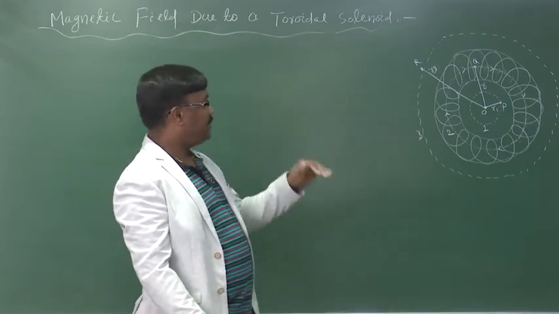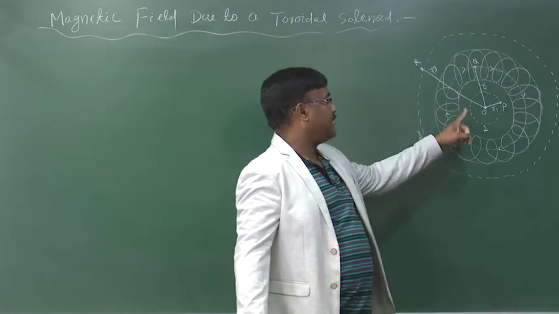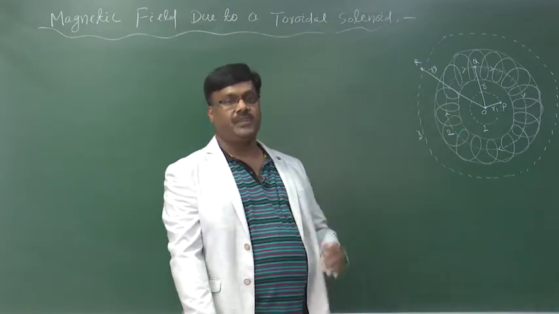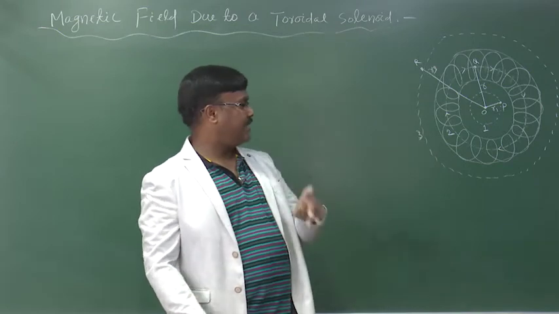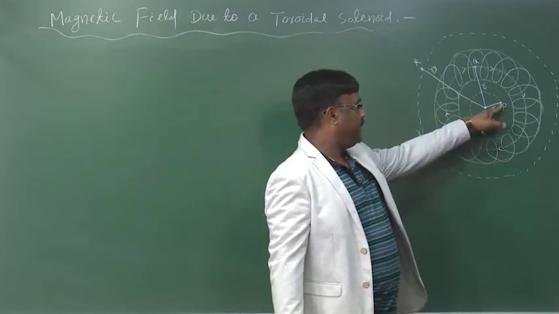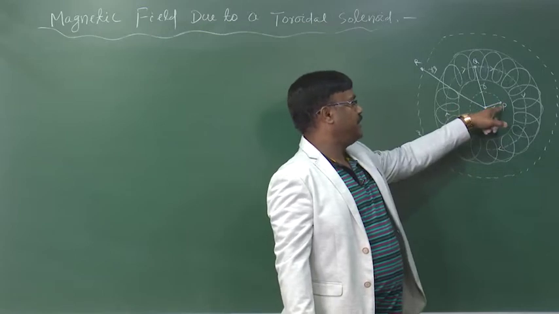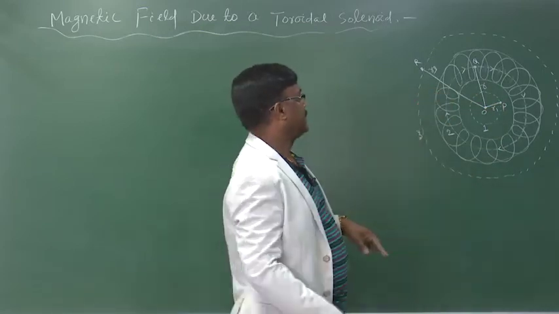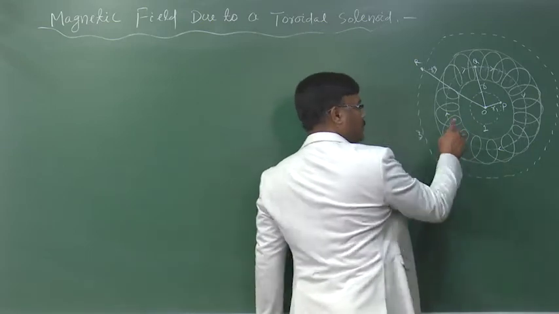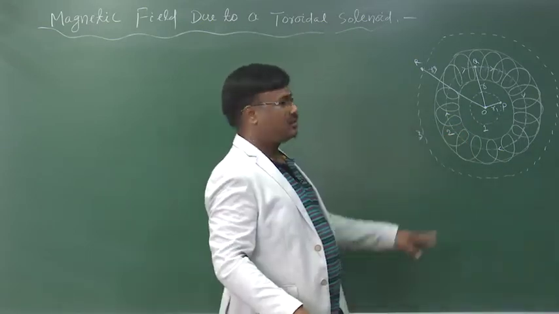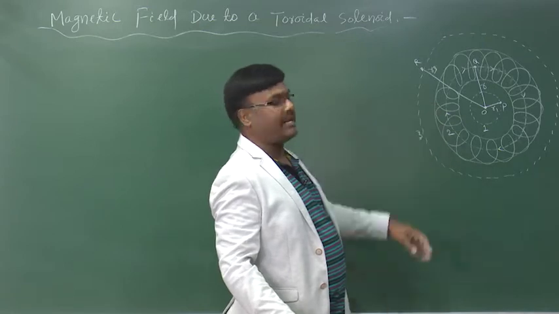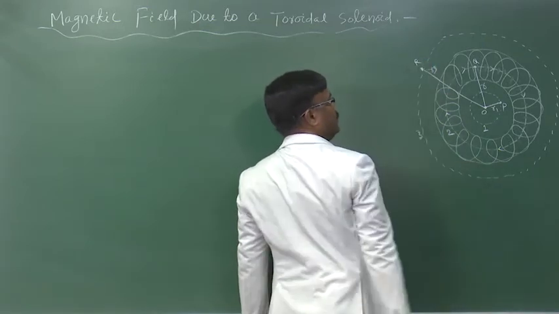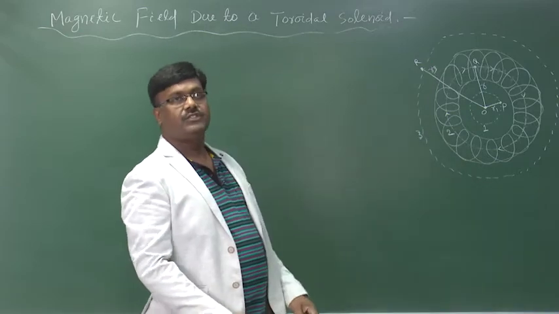Our aim is to find the magnetic field strength due to such a toroid in three cases: number 1, the point P, which is interior to the toroid inside the open space; number 2, the point Q, inside the toroid, that means within the toroidal coil; and number 3, the point R, which is outside the toroid.